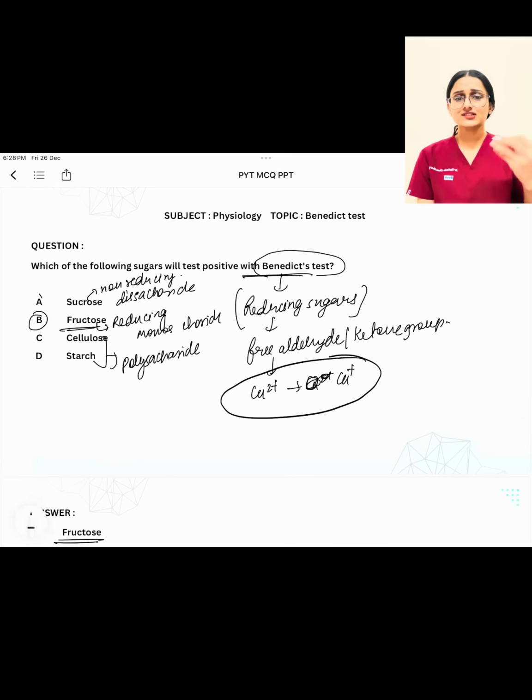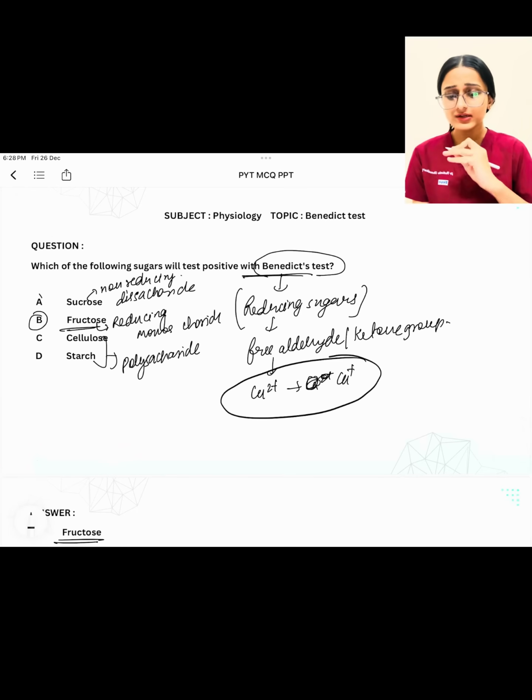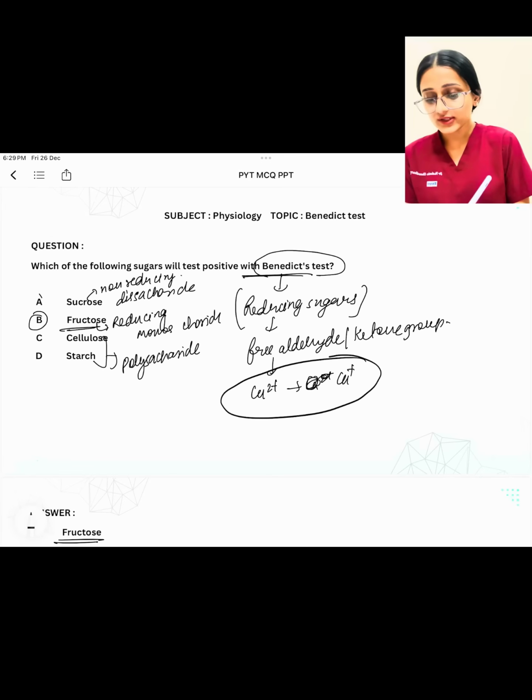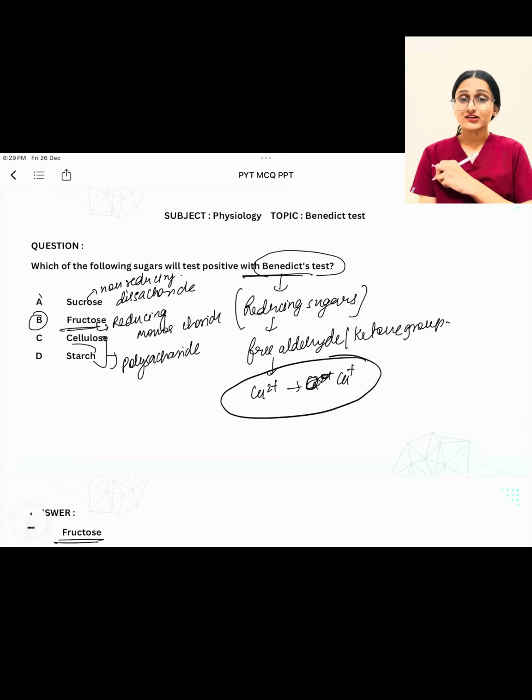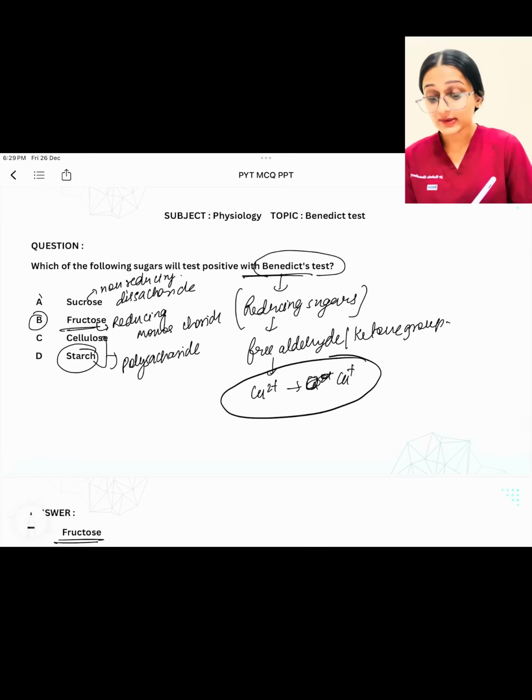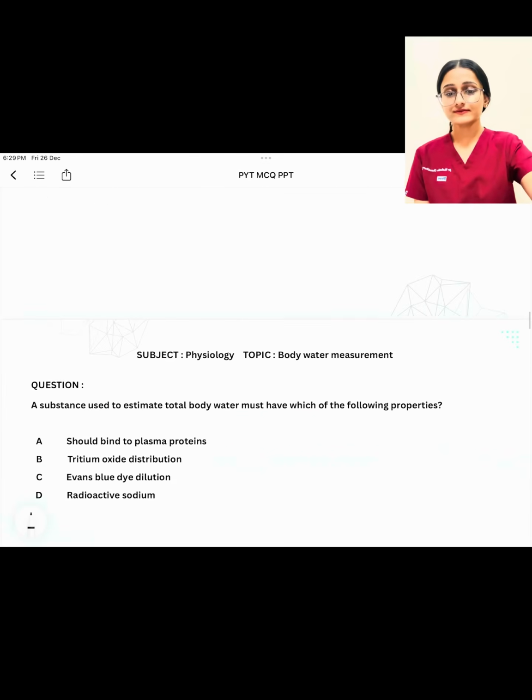Okay, so this is the concept of reducing sugar. We just have to remember this one. And do you know what test we use to detect starch? This is very basic. Iodine test. Okay, let's see the next question.